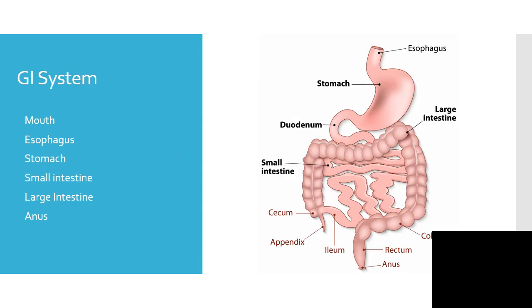Now let's discuss the GI system. The GI system and bowel function becomes really important to patients who are in a hospital. Basic review of the GI system: we start at the mouth, down through the esophagus, stomach, small intestine, large intestine, down through the anus where waste is removed.